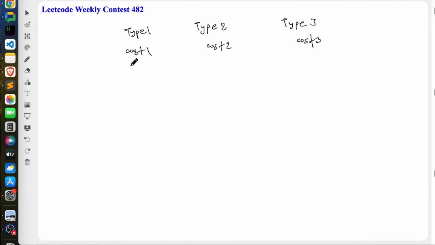It will fulfill 1 unit for need 1, it will fulfill 1 unit for need 2, and this will fulfill 1 need 1 plus 1 need 2. So if you see here, this is contributing both need 1 and need 2 by 1 unit.